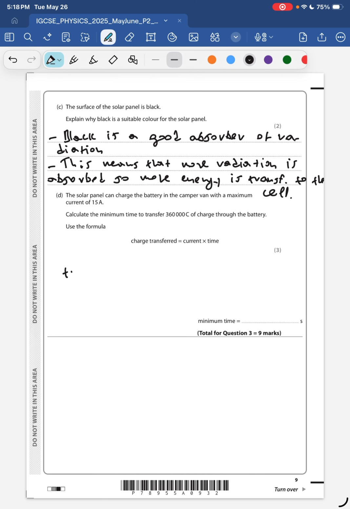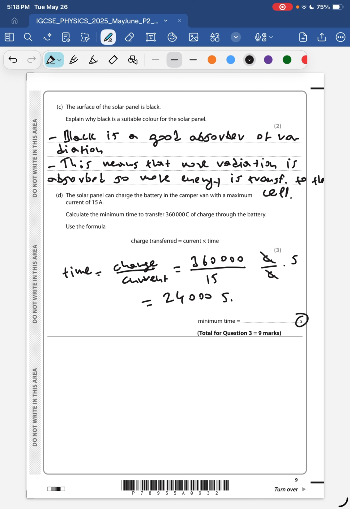So time is charge over current. Simple division: 360,000 over 15. We have coulombs for the charge, and for the current, 1 amp is 1 coulomb per second. So if we divide this, we get 24,000 seconds. The answer is in seconds, so we are good to go.